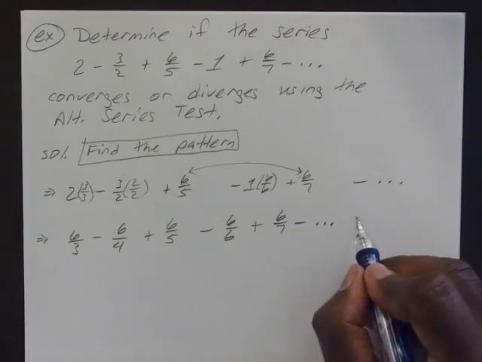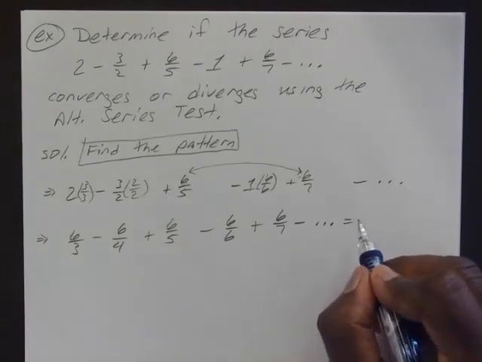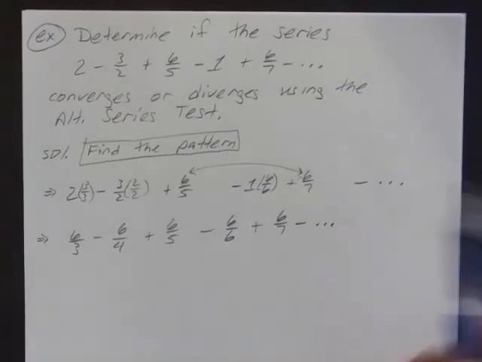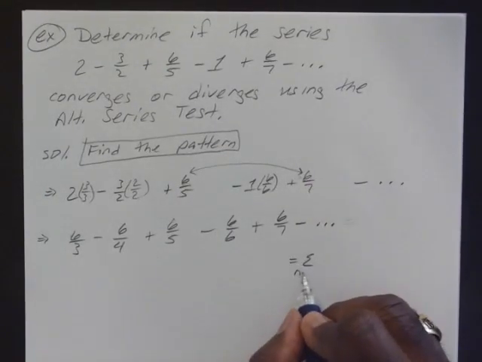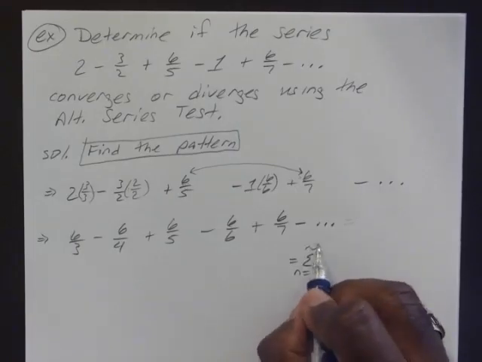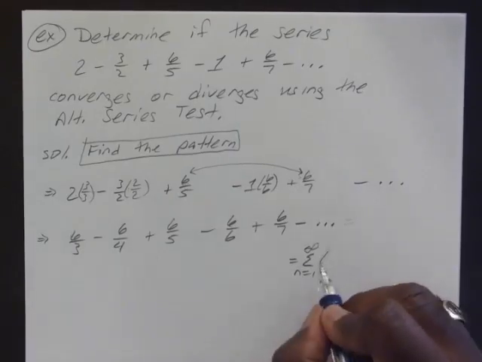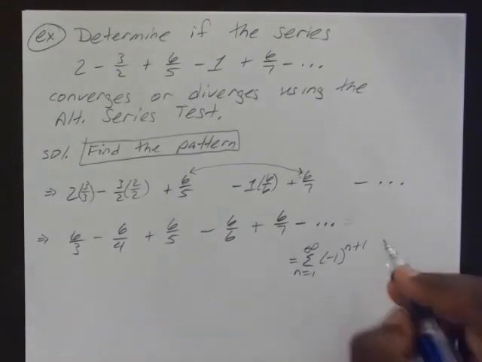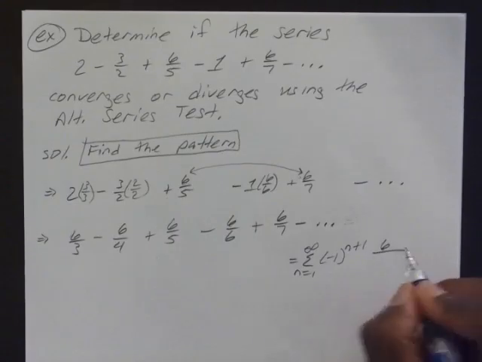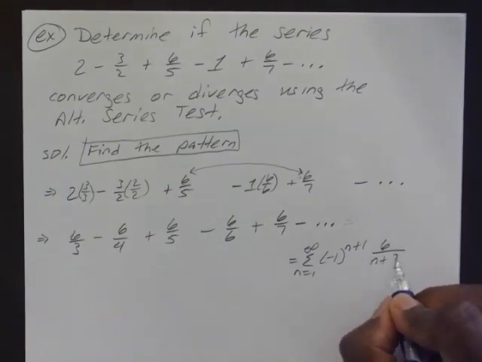Okay, so this gives us, I'll put it below it just to make sure I have enough room. So we have the sum from n equals 1 to infinity of -1 to the power of n plus 1 times 6 divided by n plus 2.